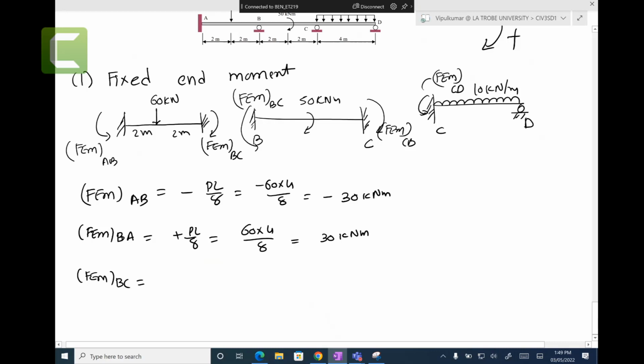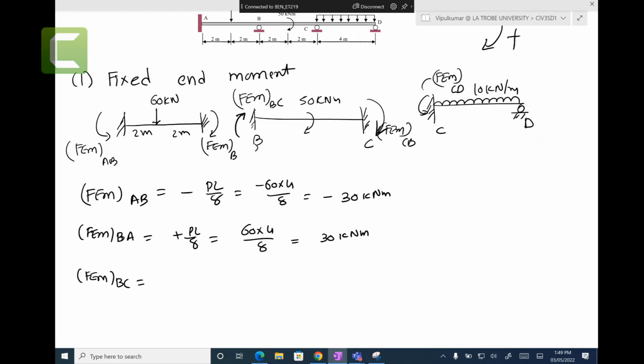Can you please find? I think those will not be correct. This will go this way. This will go this way. Can you please find from your Google friend if they can give us these fixed end moments, because in our lecture notes, this case is not given.